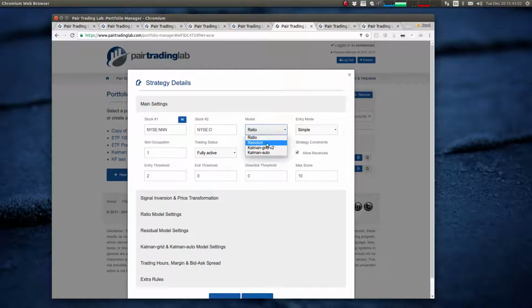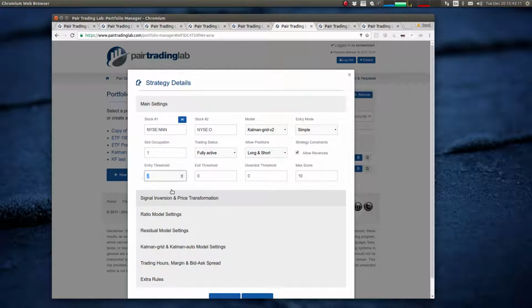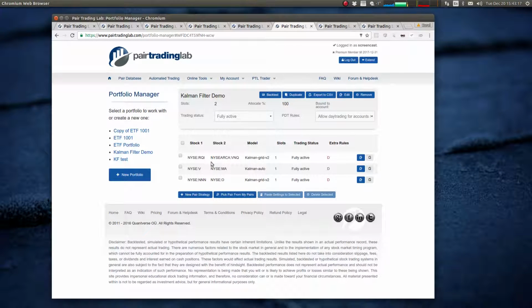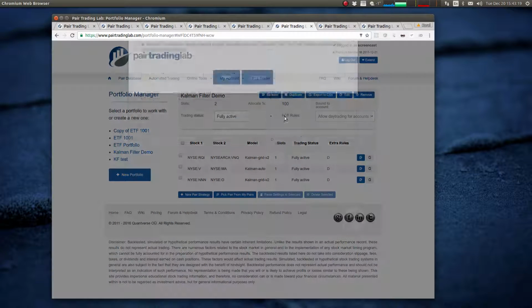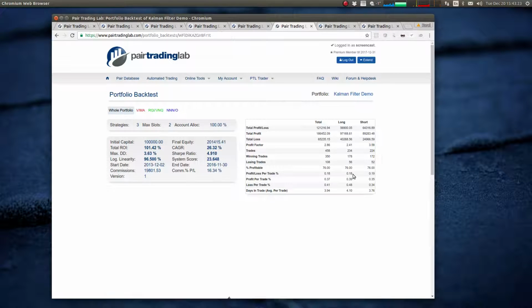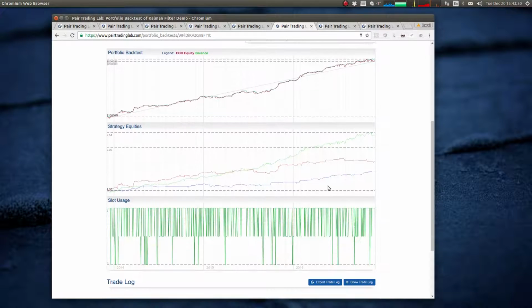In this case try also Kalman Grid, with threshold of, let's check it out. So now we have 2 slots and 3 pairs. You can see it boosted CAGR.